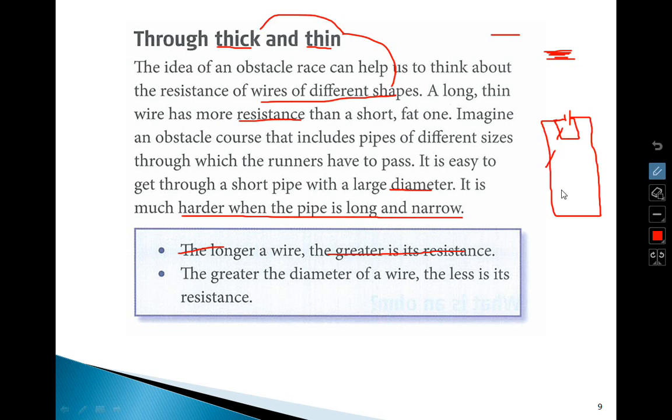The greater the diameter of the wire, the less its resistance. Longer wire means greater resistance, and greater diameter means less resistance. So this is the relation between the wire and thick and thin.